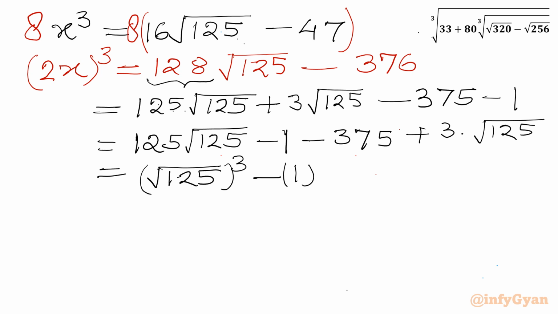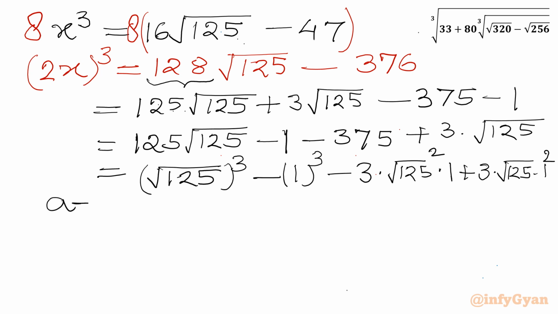Minus 1 whole cube. Minus 375, we can write 3 times root 125 square times 1. And last term, I can write plus 3 times square root 125 times 1 square.